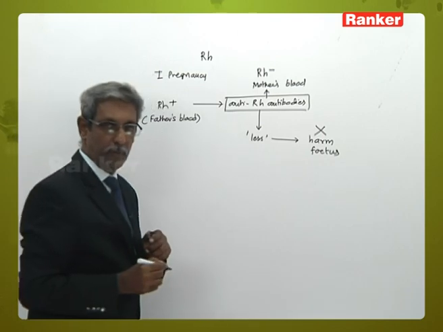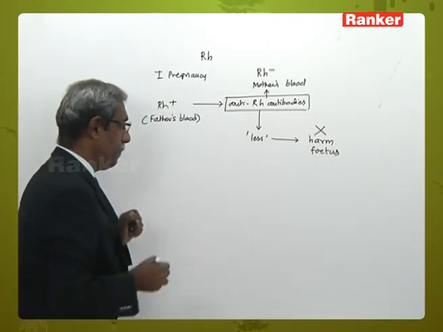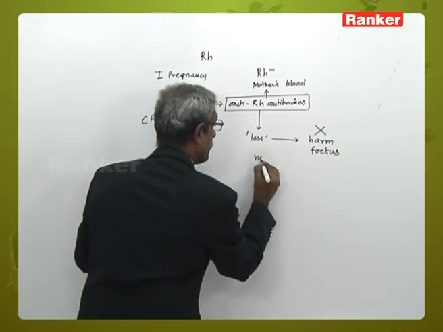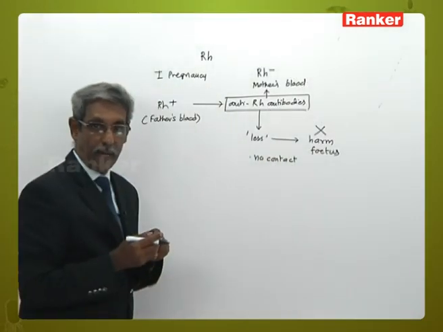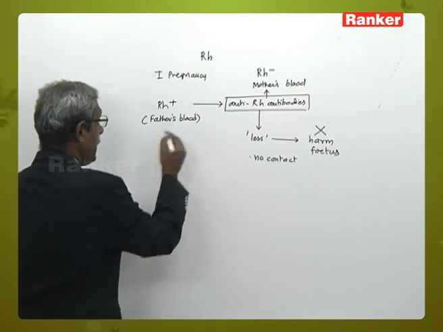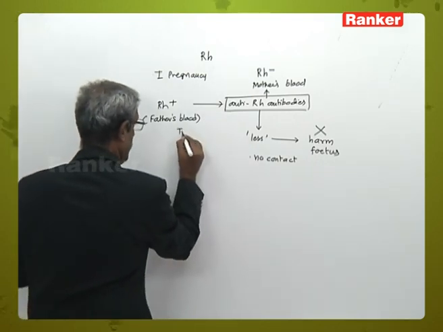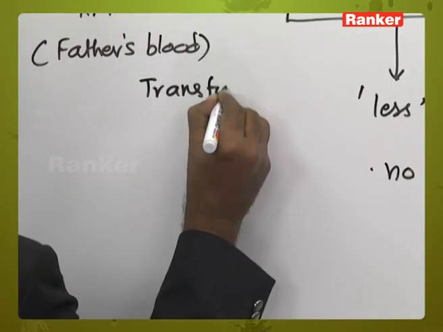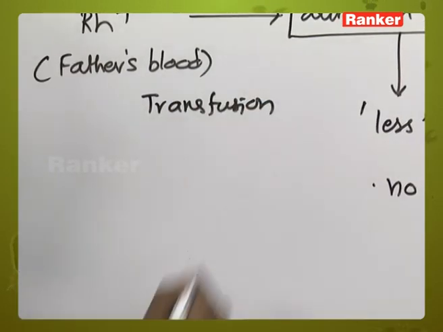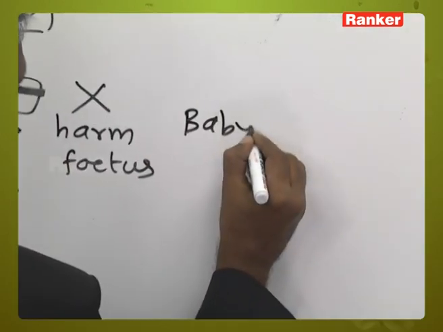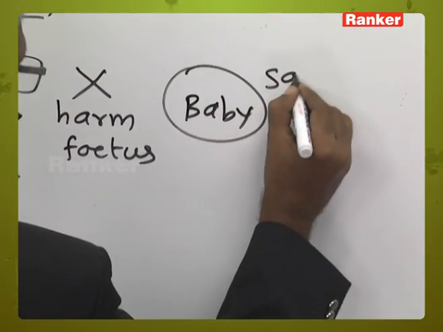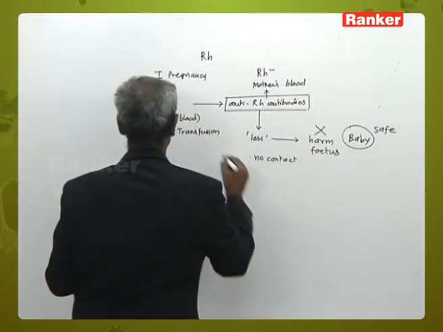They do not harm the fetus or the baby because there is no contact, and despite the blood transfusion, the baby does not suffer. Baby is safe during the first pregnancy.